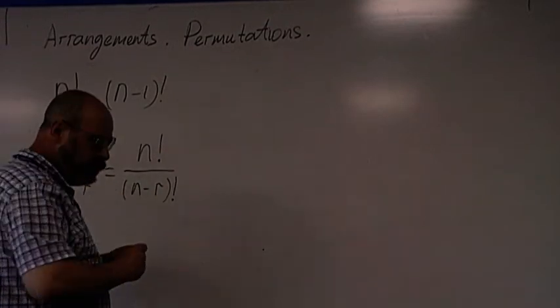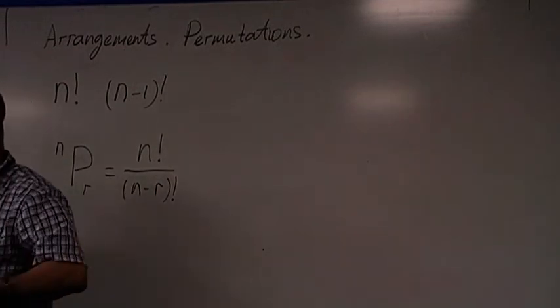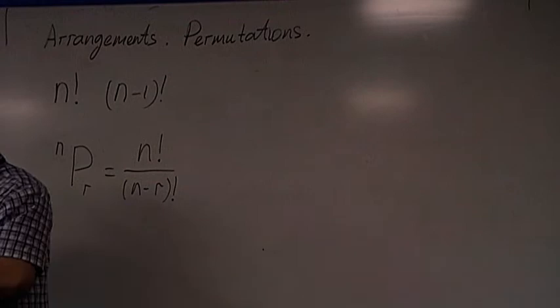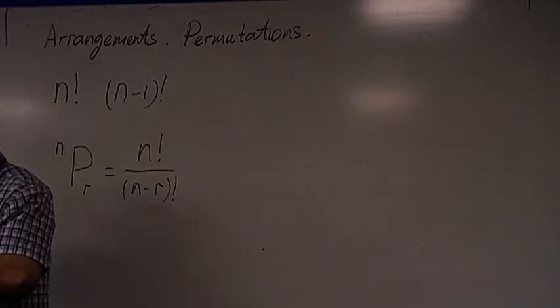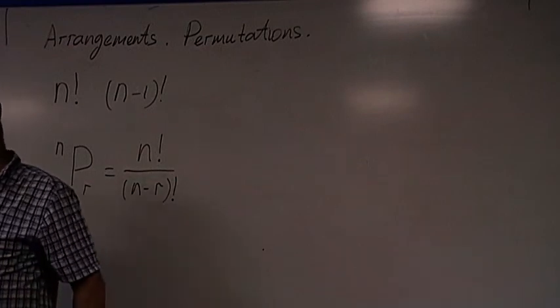Wait, what do you mean in a circle? People sit around a round table. How is that different to a square table? It can be square, in a line.